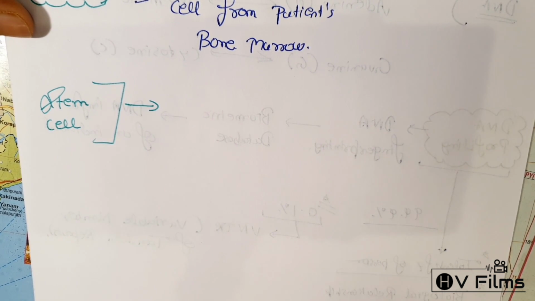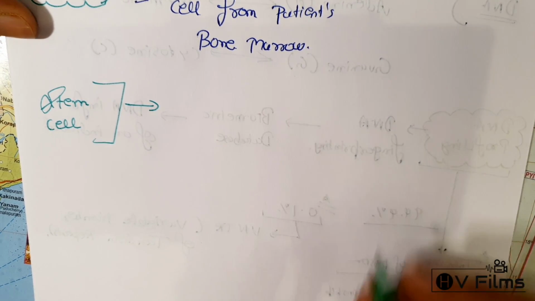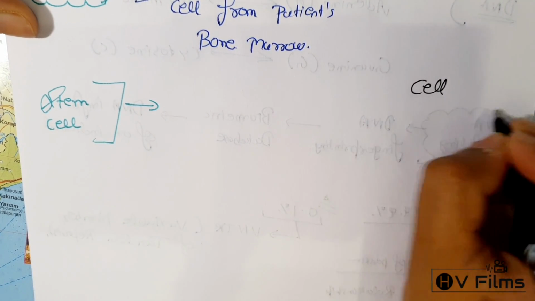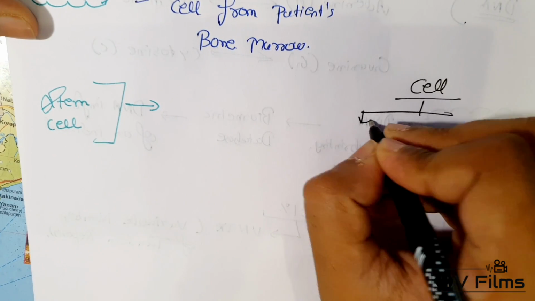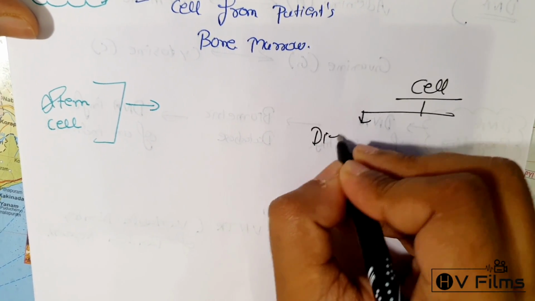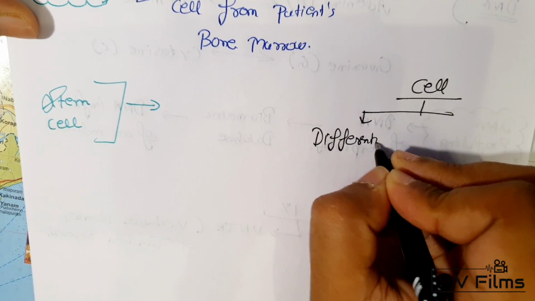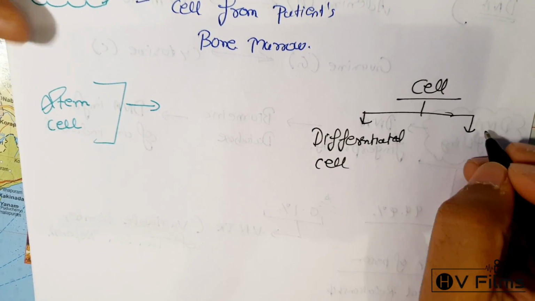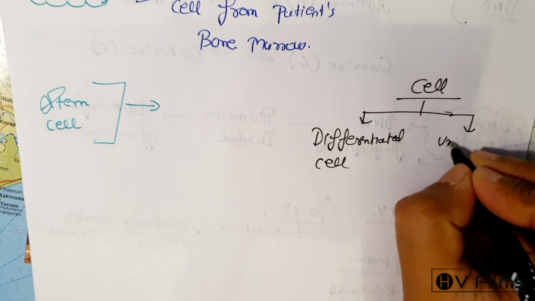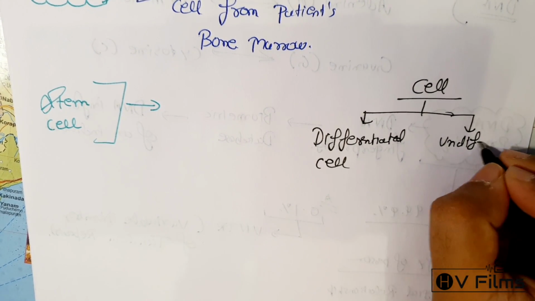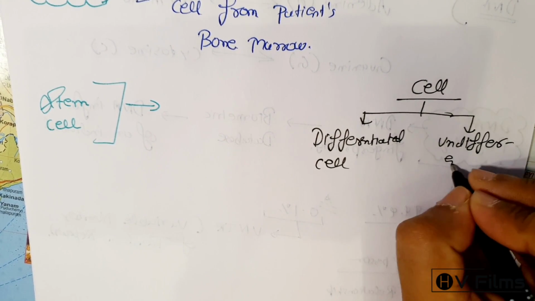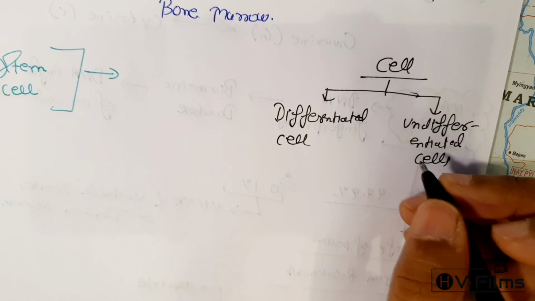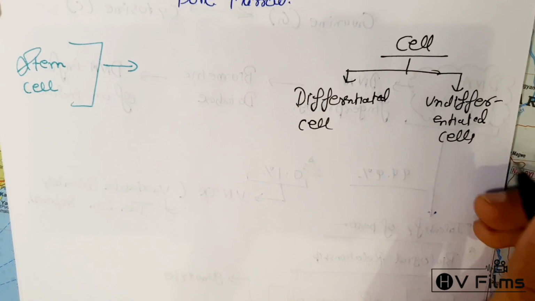And cells are actually of two types. The first one is what we call a differentiated cell, and the other one is called the undifferentiated cell. So these are the two classifications of the cell.